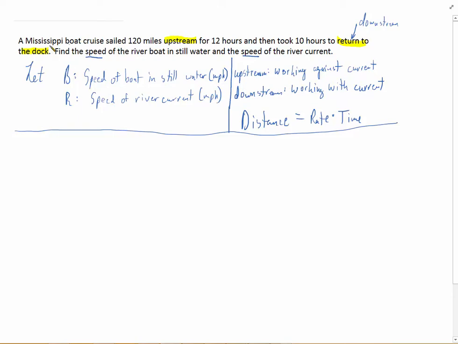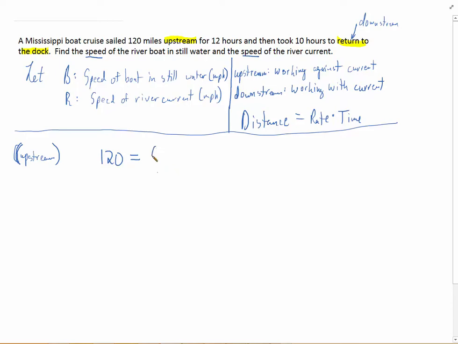So let's see what we have. The Mississippi boat sailed 120 miles upstream for 12 hours. So let's write an equation for upstream. Distance is rate times time. Well, the distance upstream is 120 miles. And that's a rate times a time.